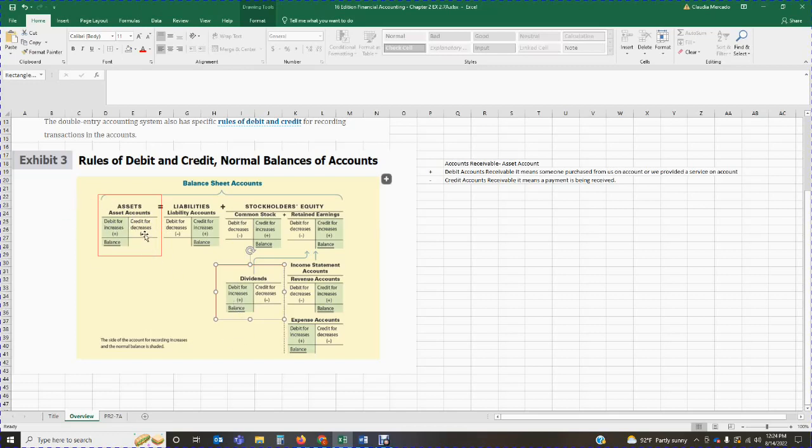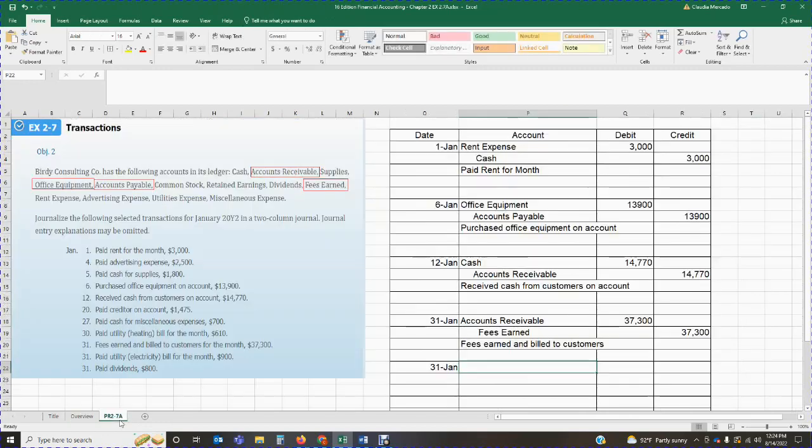Dividends increase, cash decreases. Okay. So what happens here? Dividends get debited of $800. How do we pay for our dividends? With cash, $800. Okay. And that is what we have.